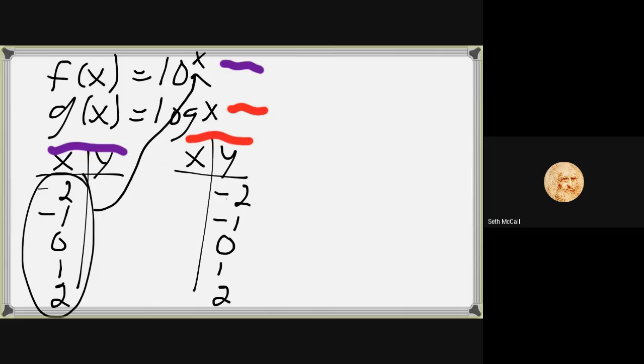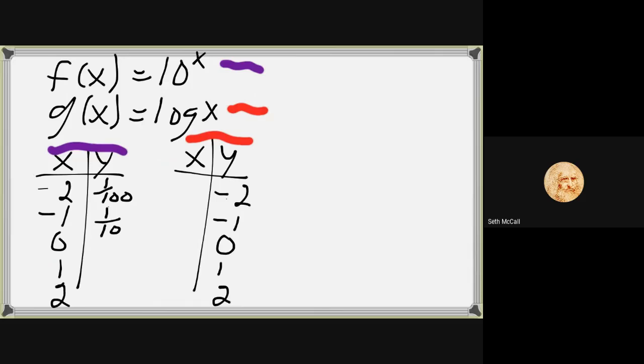So they're getting plugged in to the exponential function. So 10 to the -2 becomes 1 over 10 squared, which is 1/100th. And then this is 1/10. 10 to the 0 power is 1. 10 to the first is 10. 10 squared is 100.